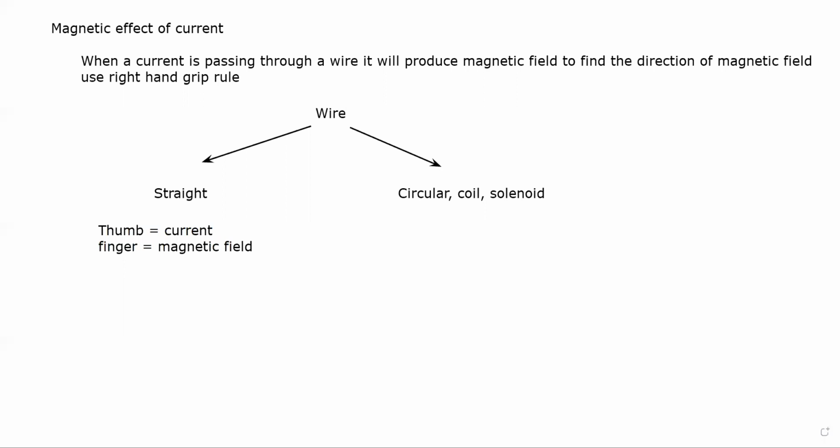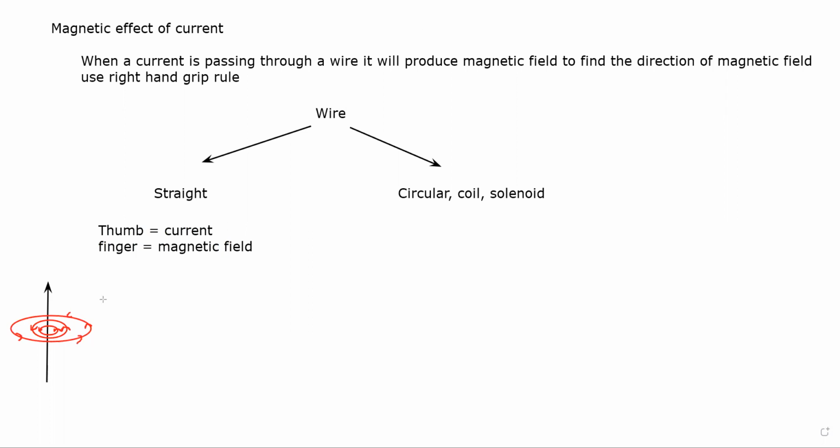I gave examples, four possible patterns basically. If the current is upward, the magnetic field will be around it. If we apply the right hand grip rule, our thumb should point in the direction of the current and the fingers will turn in the direction of the magnetic field.